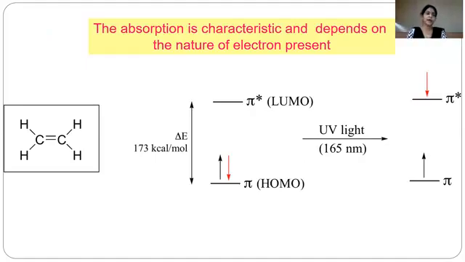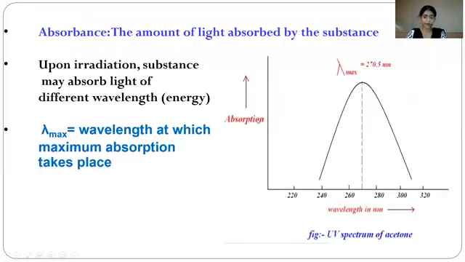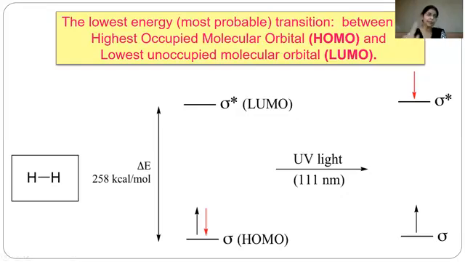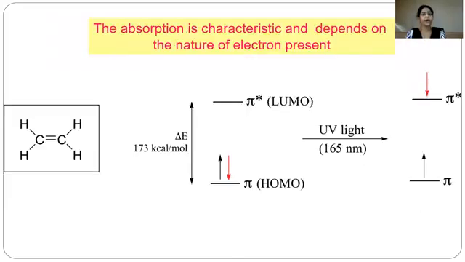In ethylene, a carbon-carbon double bond is present, and the energy difference between the pi and pi antibonding orbital is less as compared to sigma antibonding orbital. For sigma to sigma antibonding it was 258 kilocalorie per mole, and for pi to pi antibonding, 173 kilocalorie per mole.